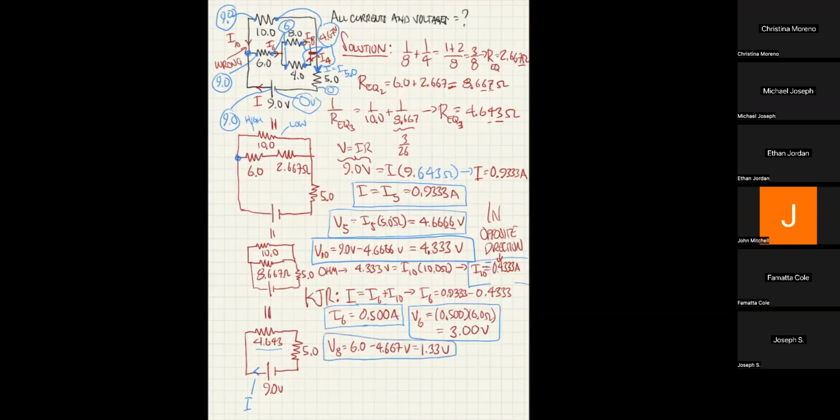Now, because they're in parallel, V4 is also supposed to equal V8. So V4 is also equal to 1.33 volts, which you can also see if you wanted to verify it.